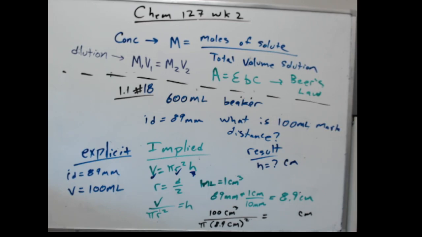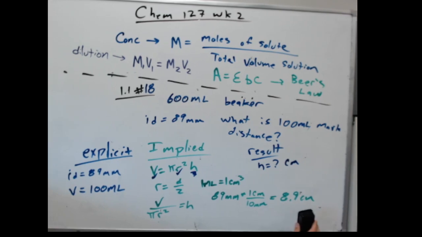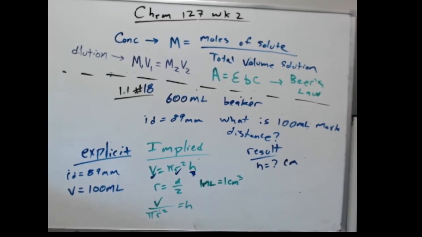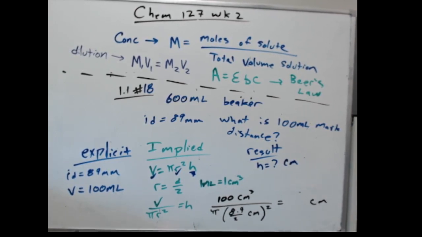So let's go ahead and plug in that divide by 2. I'm going to have to erase this and rewrite it so I can fit it in. So I'm going to have 100 centimeters cubed divided by pi times 8.9 divided by 2 centimeters squared equals answer in centimeters. Now I should be okay.